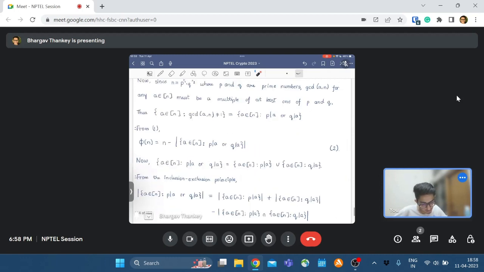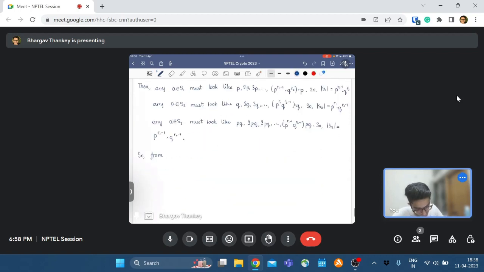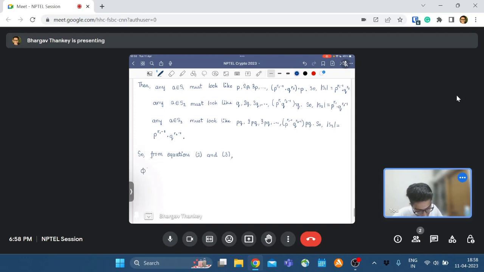And when we put this in 2, we finally get the following: N minus P to the R1 minus 1 times Q to the R2 minus P to the R1 times Q to the R2 minus 1.